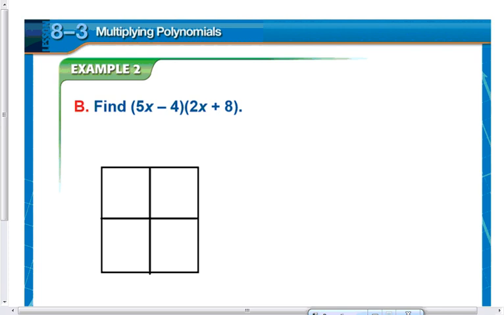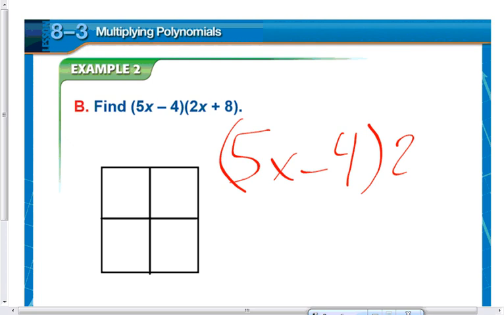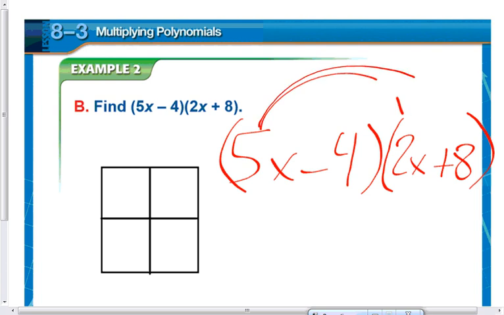All right, so we have 5x minus 4 in parentheses and 2x plus 8 in parentheses. So line, line, line, line.